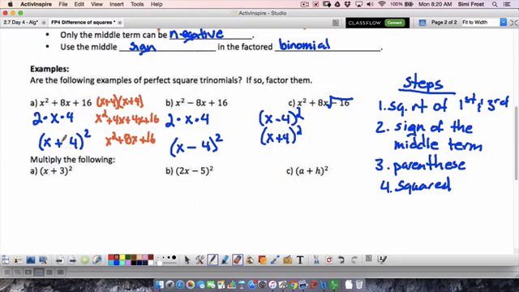Very different than putting it as x squared plus 4 squared. All right, so you see that that's that one. If I were to multiply these back together, I now get x squared minus 4x, and I'm running out of room, plus 16. When I combine those, I'm going to end up with this. This can't be either of these two.